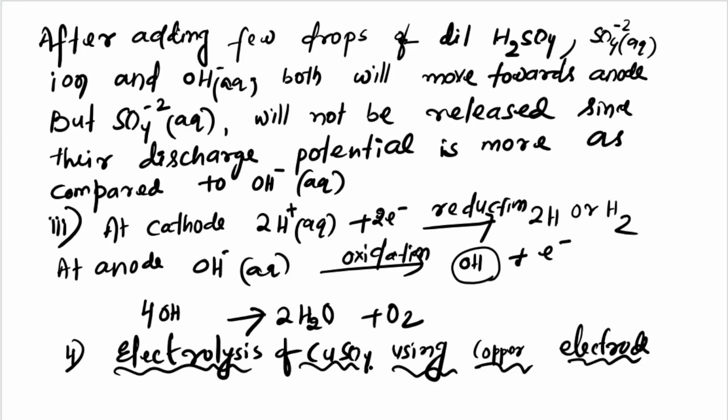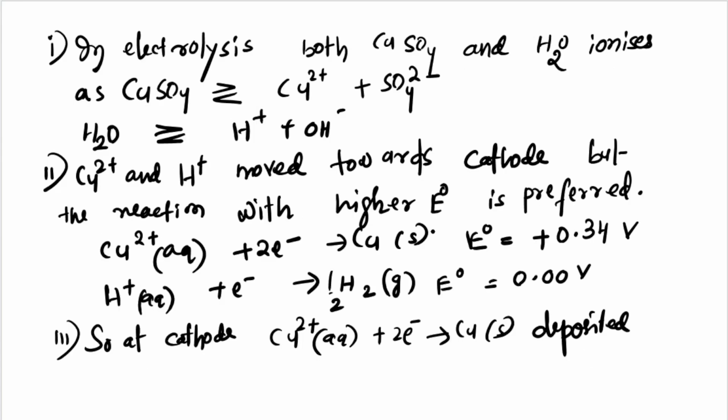Now electrolysis of copper sulfate using copper electrodes. Before that, what have we said? That means you are adding 2 or 3 drops of dilute sulfuric acid to water. Now, when there is no acid, consider electrolysis of copper sulfate using copper as the electrode.